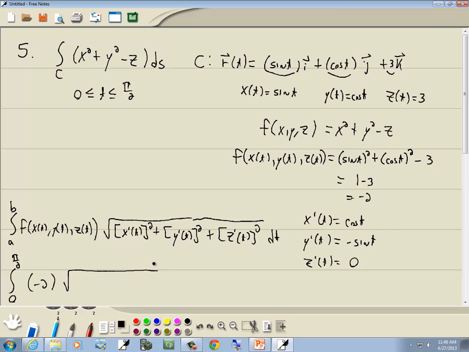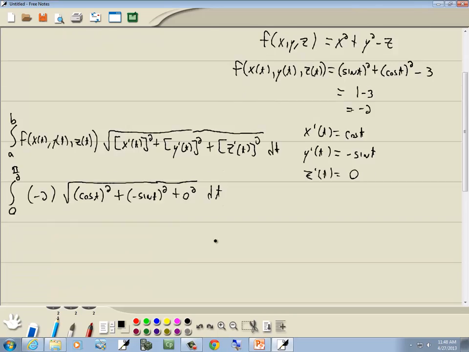And then we got the square root. X prime we said was cosine. So we're going to have cosine t squared plus y prime is negative sine. So we're going to have negative sine t squared plus 0 squared dt. Well, the 0 squared drops away.